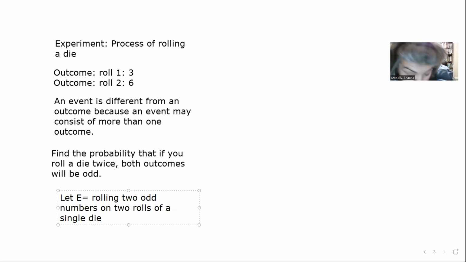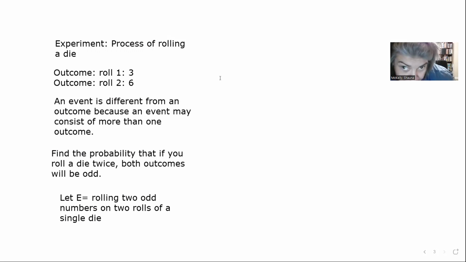This is what we call an event. It has 2 outcomes in there. This probability, by the way, is going to be 1 out of 4, but we'll come back to why. We won't know how to answer this for a minute. I just want you to know what an event is.